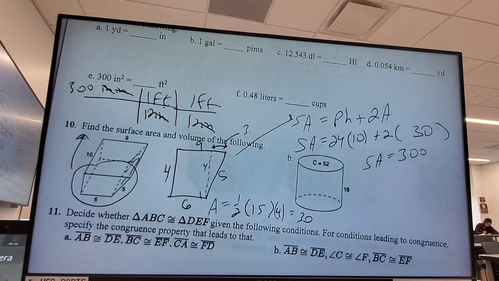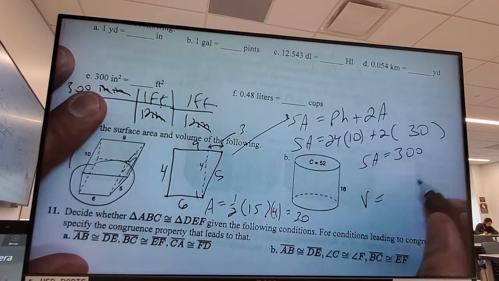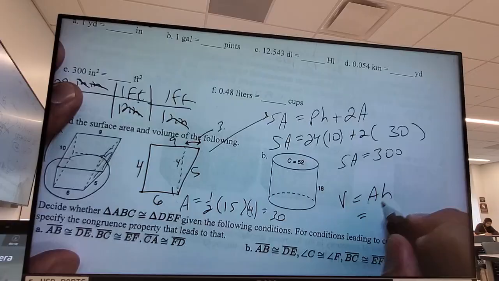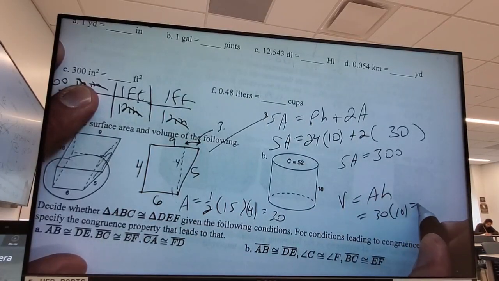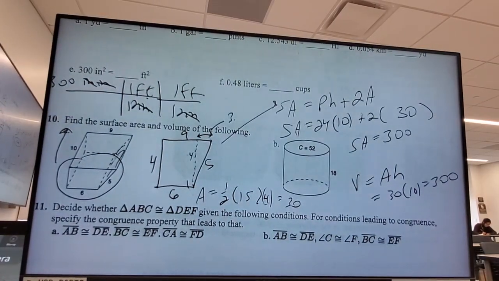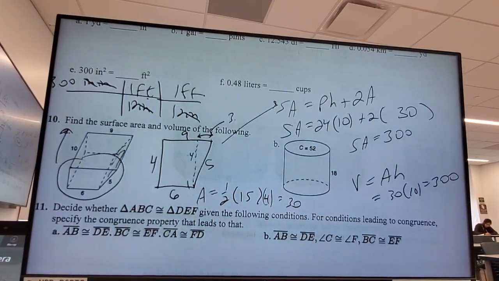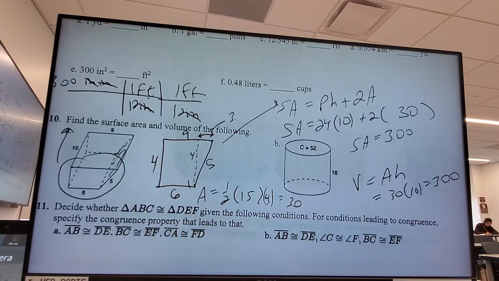We already got the area of a trapezoid. Area of a trapezoid was 30. So this is neat. I made a problem where it comes out, I forgot I did that. Both the volume and the surface area happen to be the same number. They're not the same dimensions, but they happen to be the same number. That's kind of nifty.